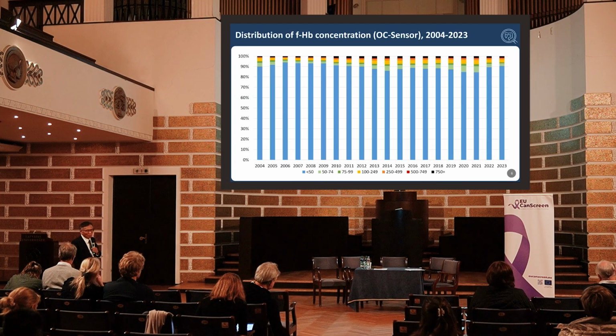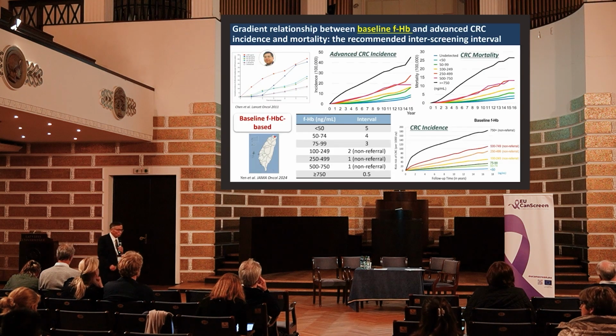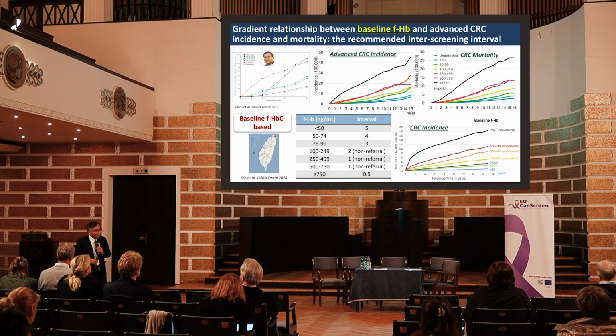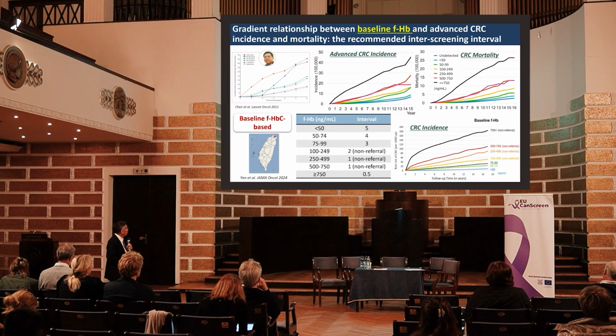So actually the FIT only targets the small proportion with high concentrations. In 2011, our colleague Professor Chen already found a gradient relationship between the baseline concentration and the incidence as well as the mortality.